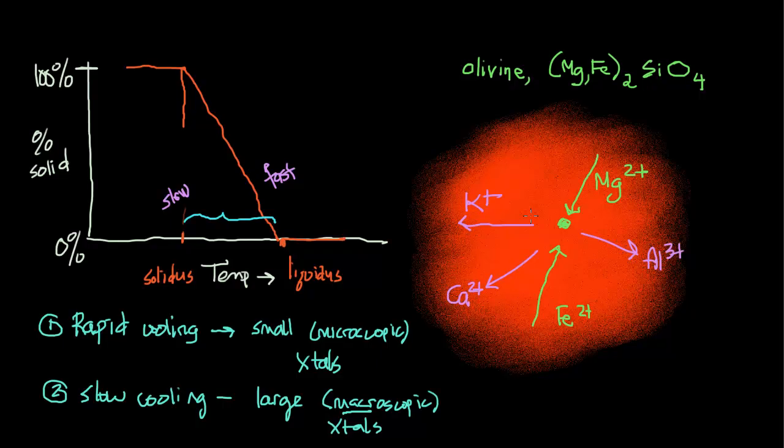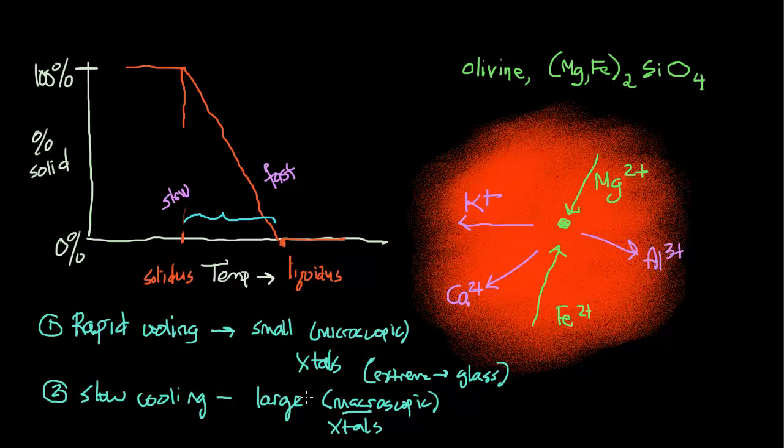And under those conditions, if I cool the lava rapidly enough, there won't be even enough time for little seed crystals to grow, and instead all I'll get will just be glass. So glass, the absence of crystals, is sort of the extreme case of very, very rapid cooling. So let me just put here extreme. We might get glass.